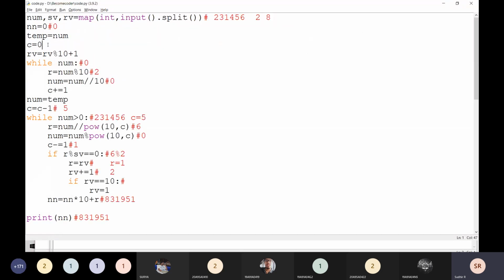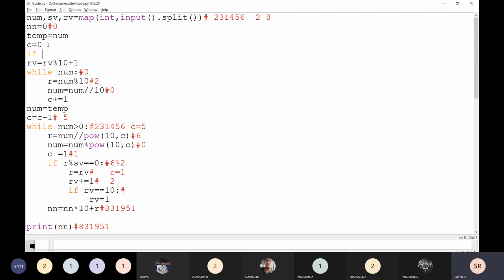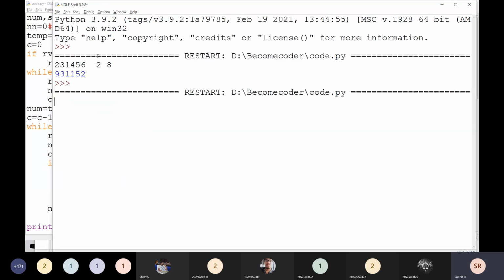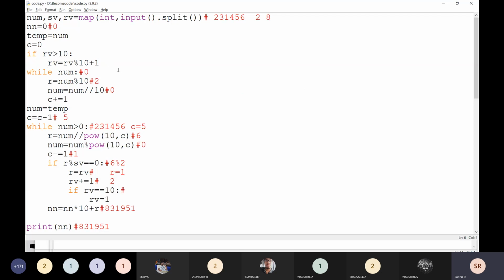Only if RV is greater than 10, then it will be true. Okay, is it clear? We can write like this. If there is any mistake, I am thinking only in one way, right? If you are giving any suggestions, definitely I will write the logic. Okay, is it clear?